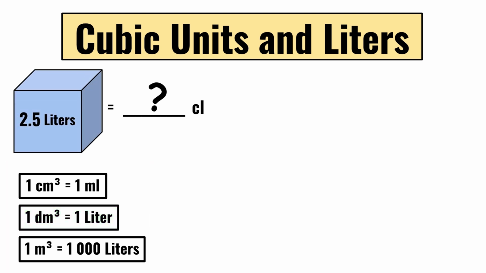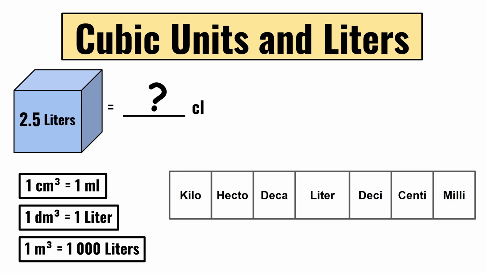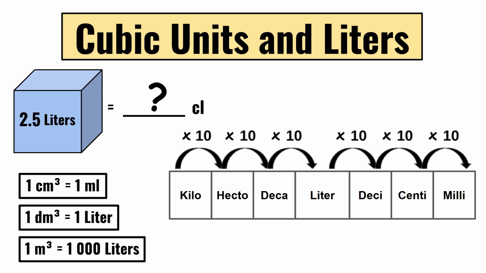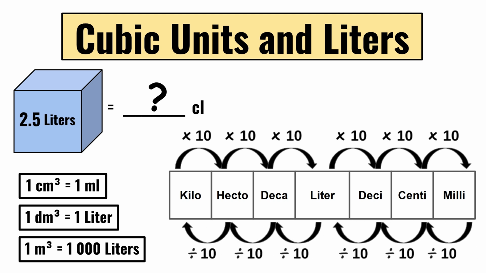So, now that we've converted cubic units to liters, we can convert to any prefix of liters we want. In this example, we want to convert to centiliters. And remember, when converting between different prefixes of liters, we simply multiply by a power of 10 or divide by a power of 10.